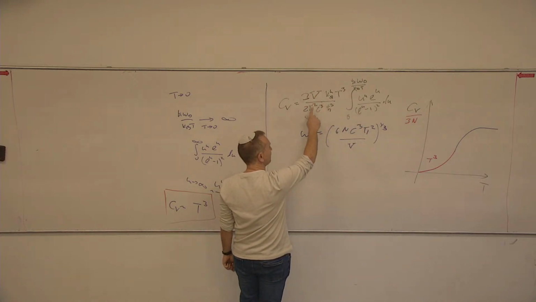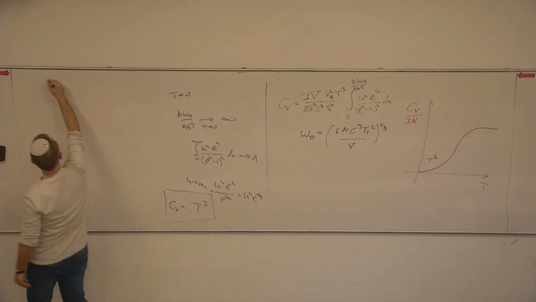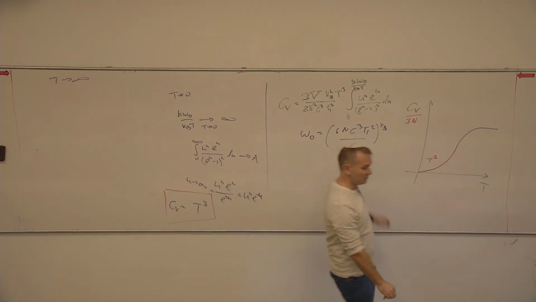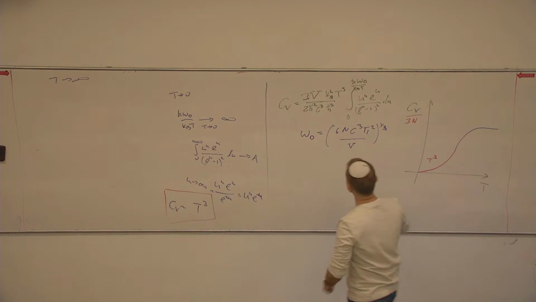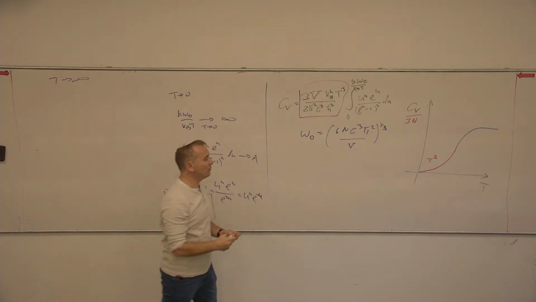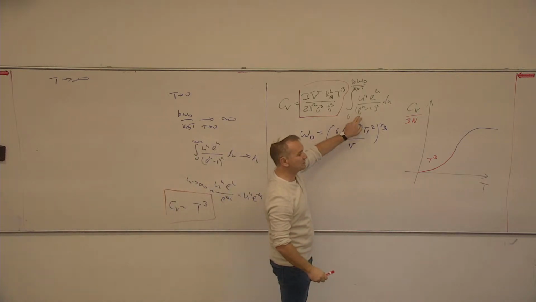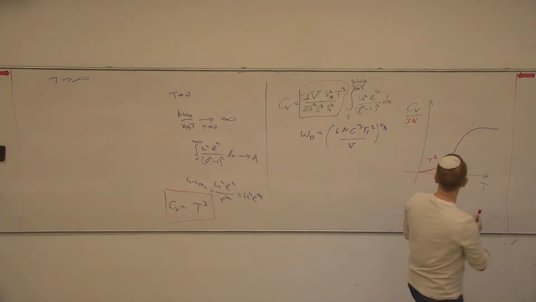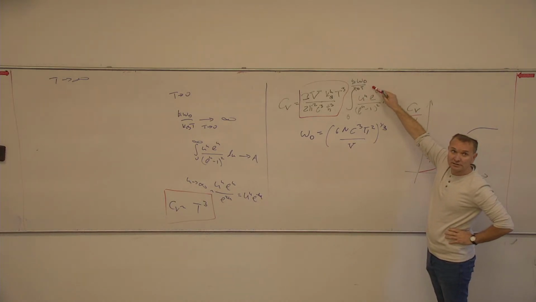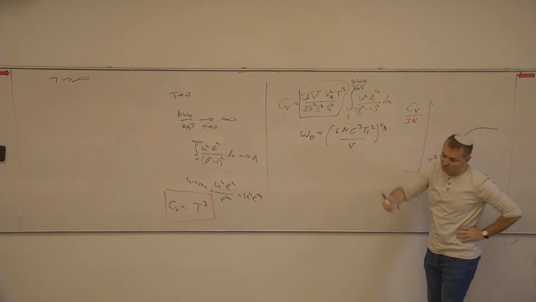The prefactor stays the same, and in the T to infinity limit we don't care about this prefactor, because it's already a constant multiplied by T³. The only thing you care about is what happens to this integral, because in it there is some dependence on T that sits in the upper limit of the integral.